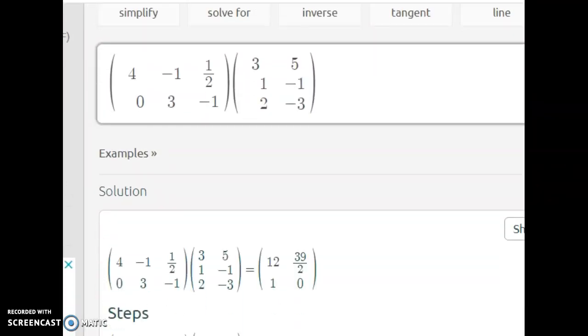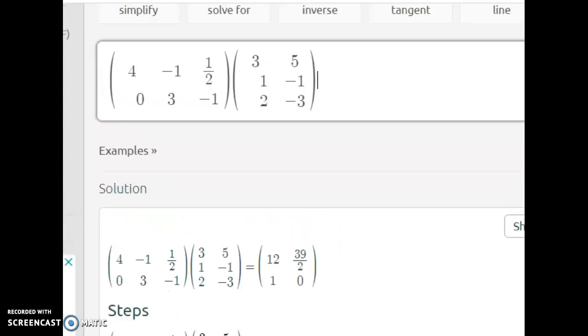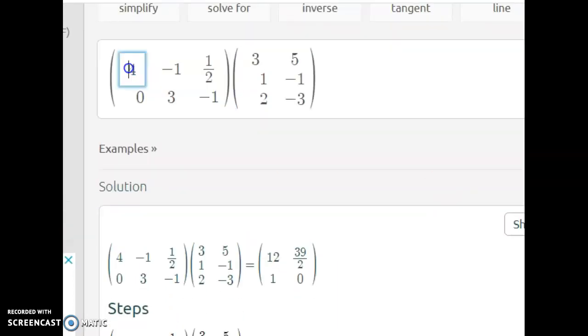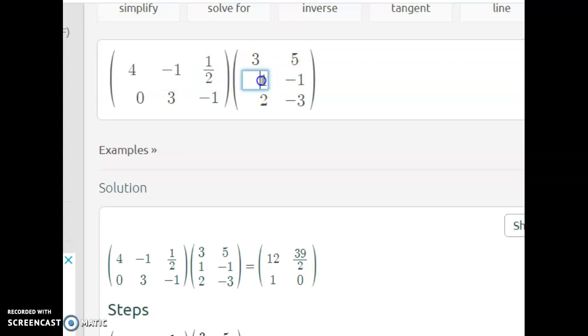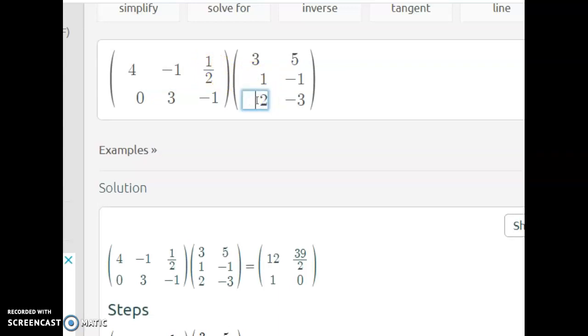The solution is 12, 39/2, 1 and 0. Notice that it turns into a 2x2 matrix. The way it's doing it is 4 times 3, -1 times 1, 1/2 times 2, and adding these.